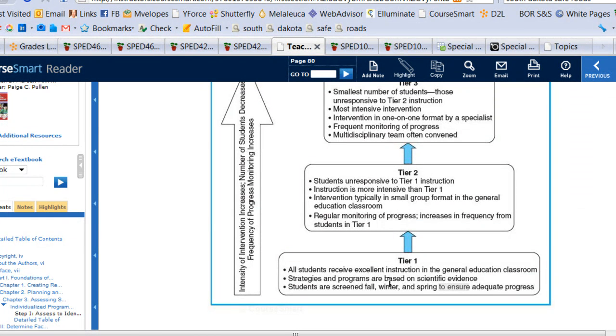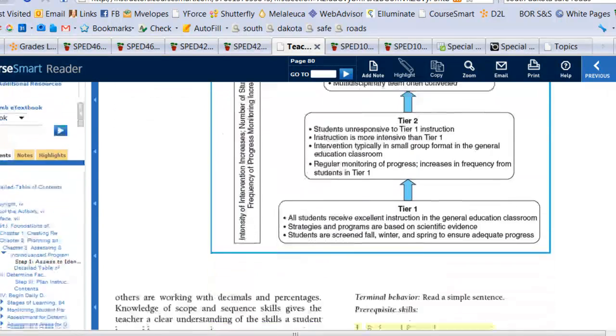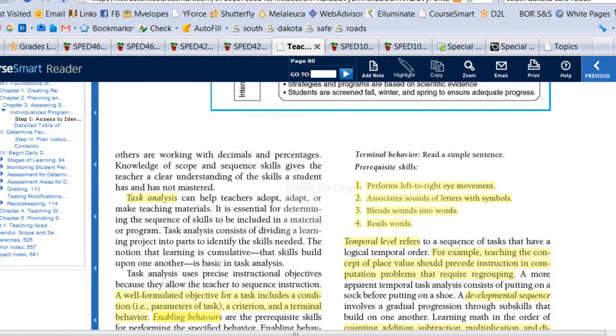Tier 1 here that all the students get in the big setting, and then this is more intense than the regular classroom, but here's the one with smaller numbers that's often provided in the special ed classroom. But scope and sequence gives the teacher a clear understanding of the skills the student has not mastered. Scope and sequence, you can find this in any curriculum, but it not only tells what's in that curriculum, but to what degree they should be able to do it.